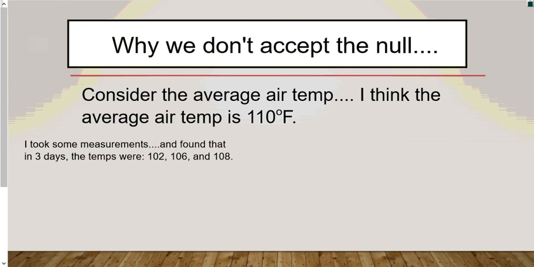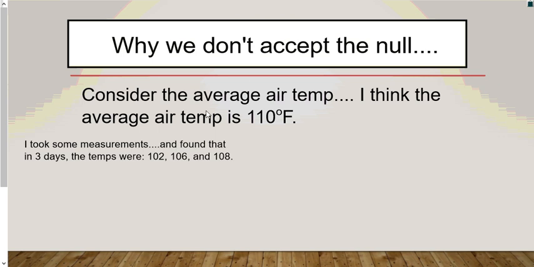So I'm going to do something that has a little more context if you're here in Phoenix like I am, and it's been hot recently. I can say that almost any time of the year, and it feels right, even if you're watching this at Christmas time. It's like, yeah, it's hot outside. So here's an example why we don't just accept the null.